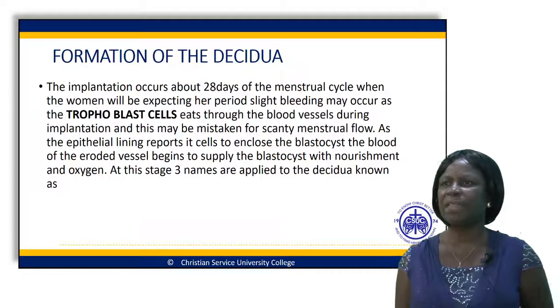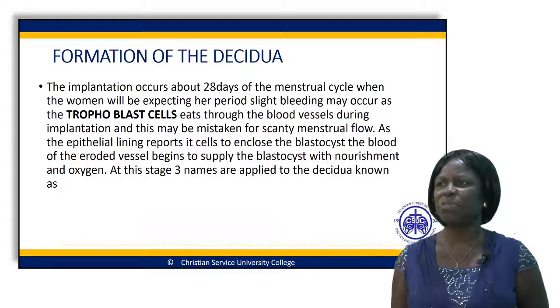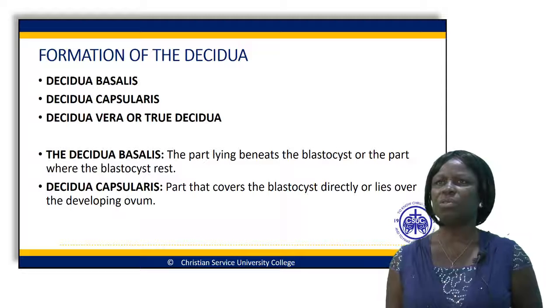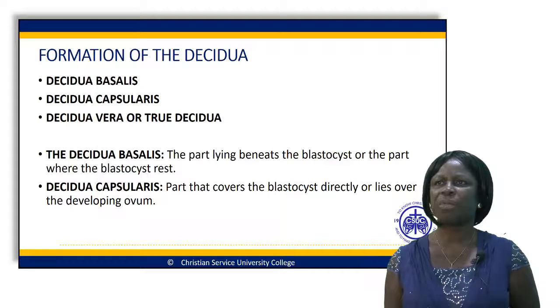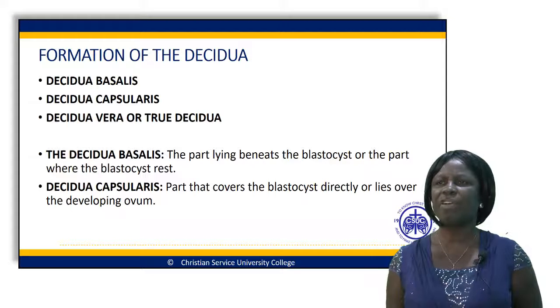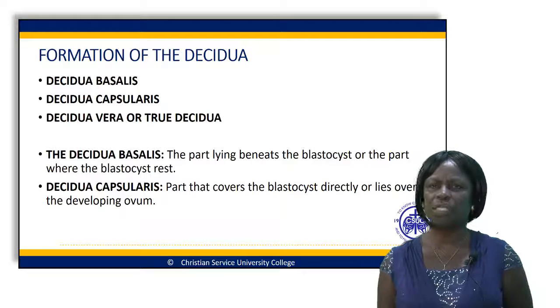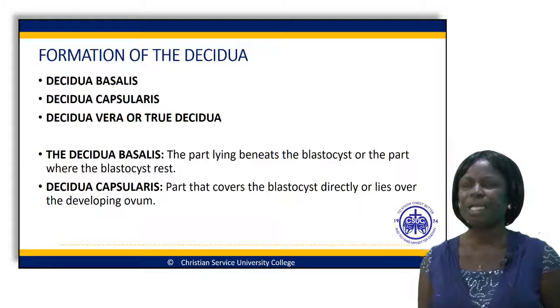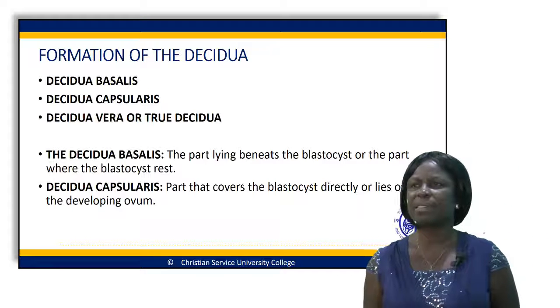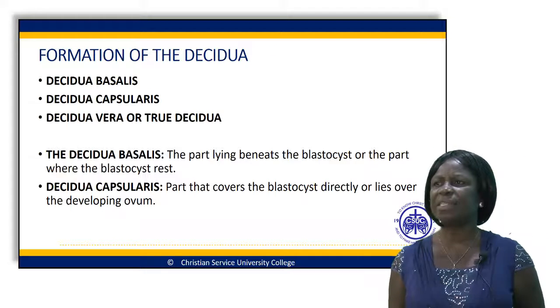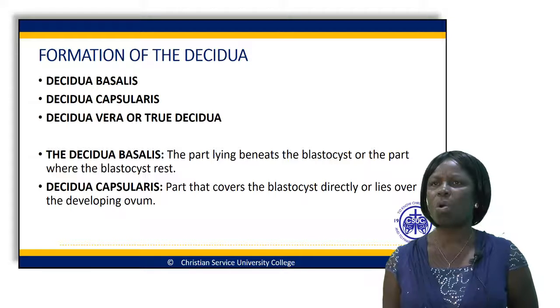At this stage, three names are applied to the decidua, known as decidua basalis, decidua capsularis, and decidua vera, or true decidua. The decidua basalis is the part lying beneath the blastocyst, or the part where the blastocyst rests.